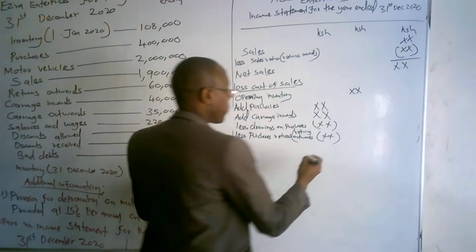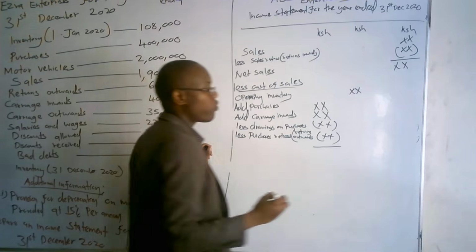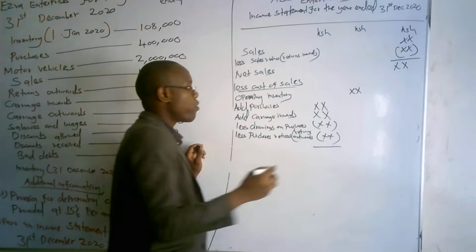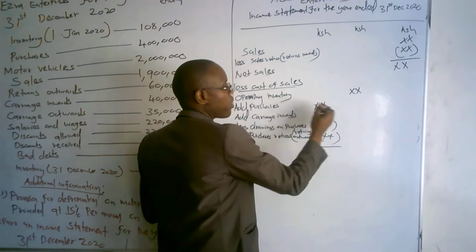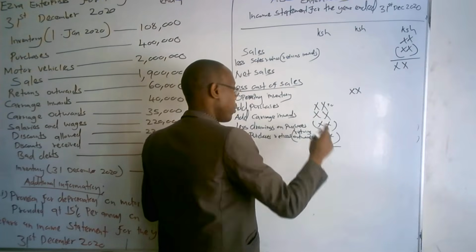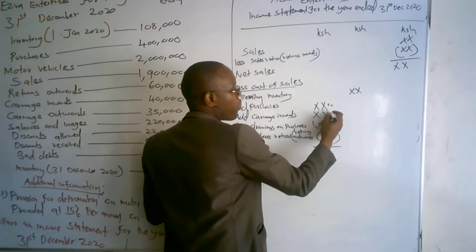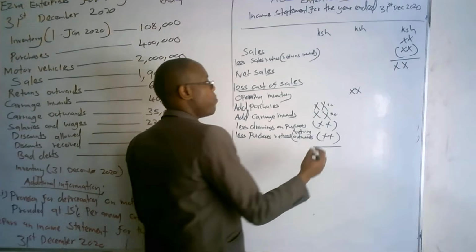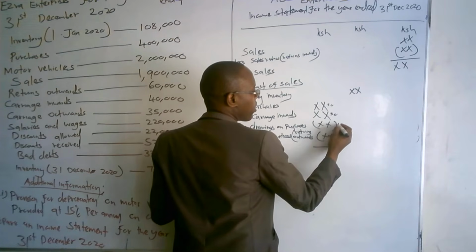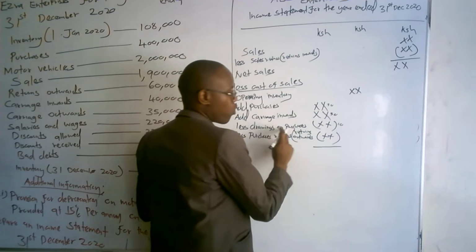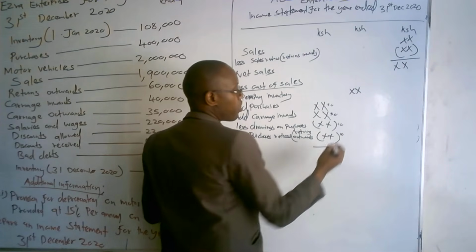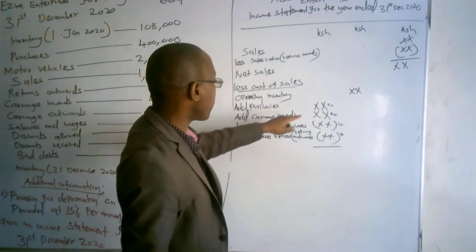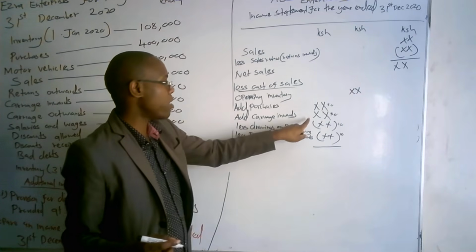So the answer that you are going to get here, for example, you can have purchases of 50, and the carriage inwards was also 50, and maybe this one was 10. That's the drawings on purchases, and purchases returns also was 10. So now you are going to add purchases plus carriage inwards.